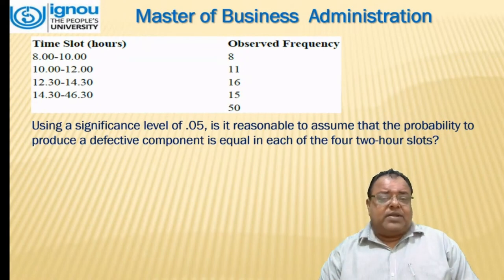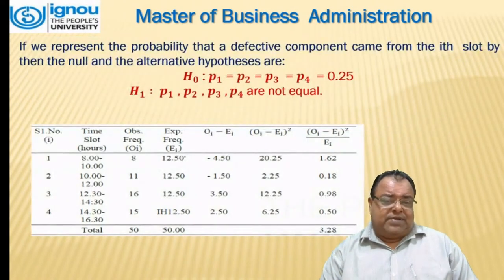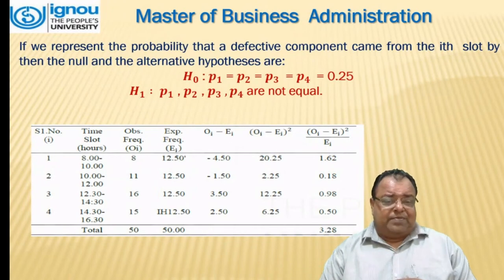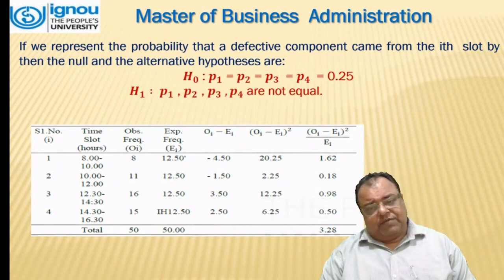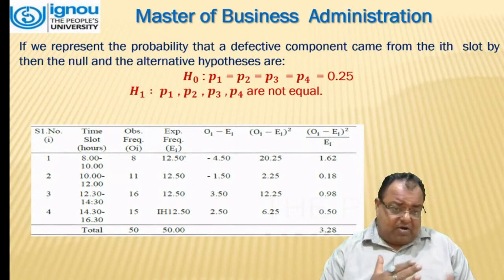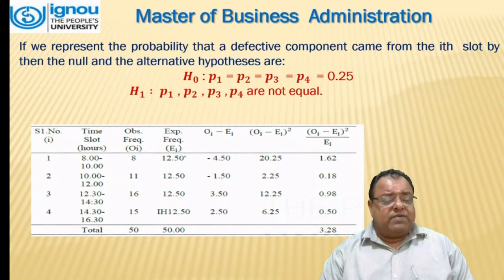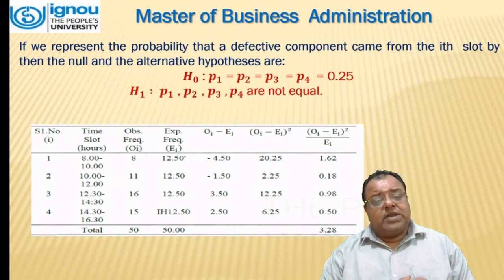We have to calculate the expected frequency. Here, what is happening? H naught: P1 equal to P2 equal to P3 equal to P4, which is 0.25. And your alternate hypothesis H1 will be that P1, P2, P3, P4 are not all equal.